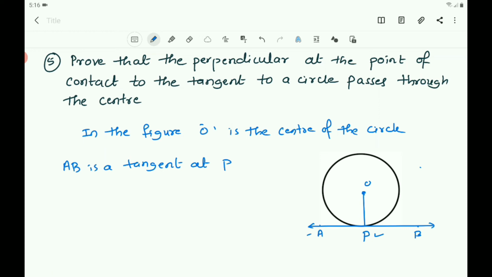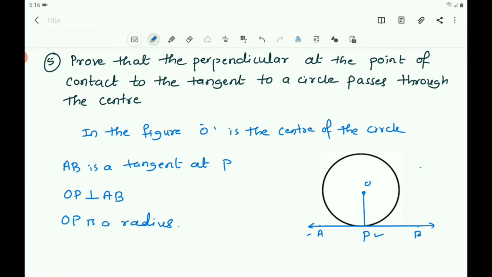The point of contact is nothing but a point on the circle. AB is a tangent at P and OP is perpendicular to AB. OP is a radius and it is perpendicular to AB.